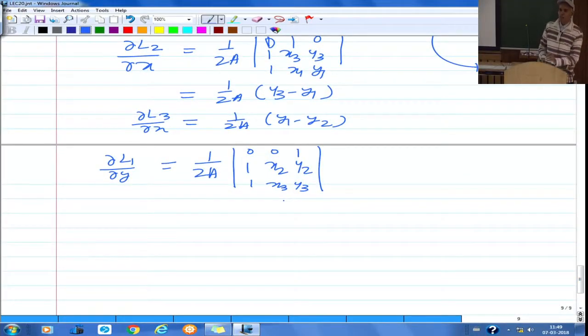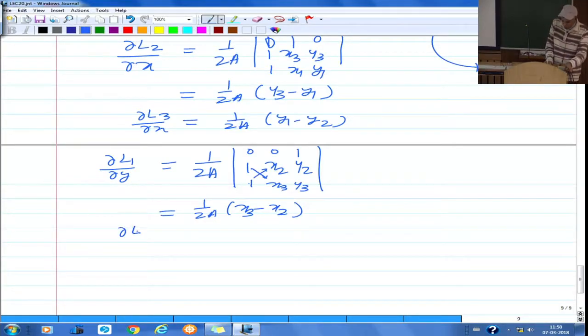It is the same manner, now you are taking the derivative with respect to y. The constant derivative is 0, the x derivative is 0 with respect to y, this is 1, and if you open this, what you get is x3 minus x2. So you get 1 upon 2a into x3 minus x2, because this is the first row and third column, so you get plus, this into this minus this into this, which is x3 minus x2.